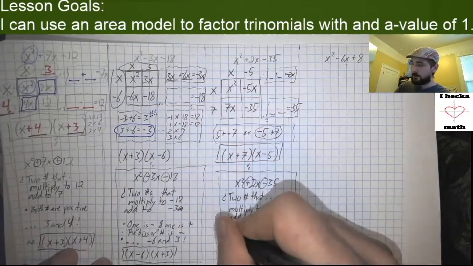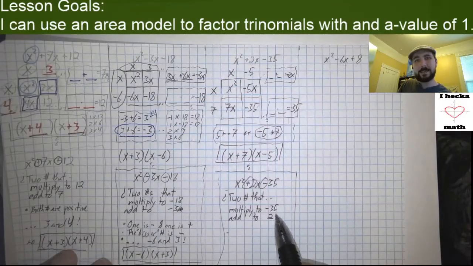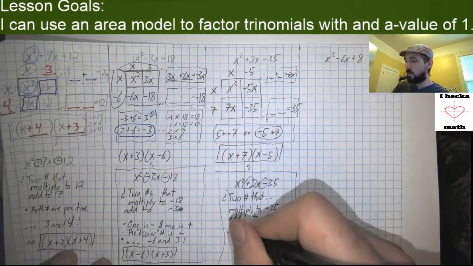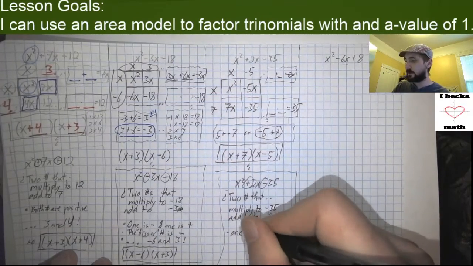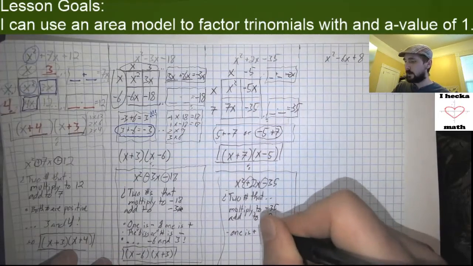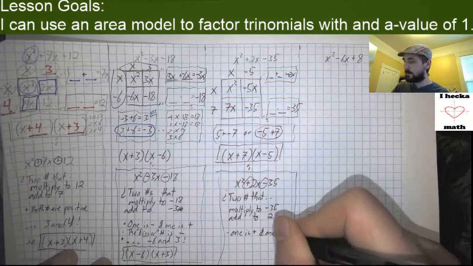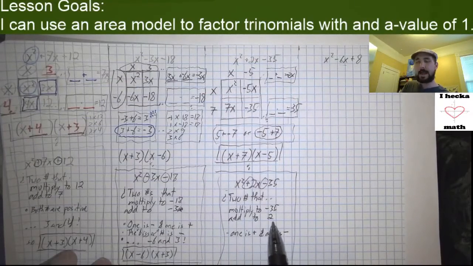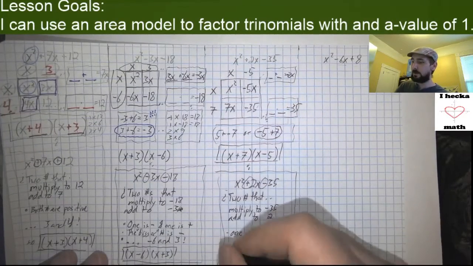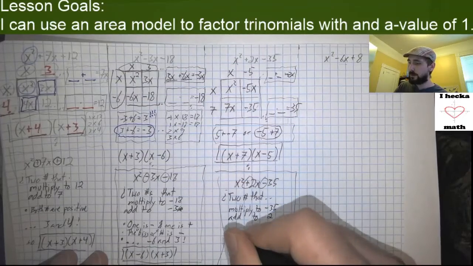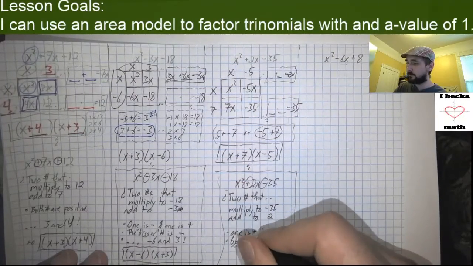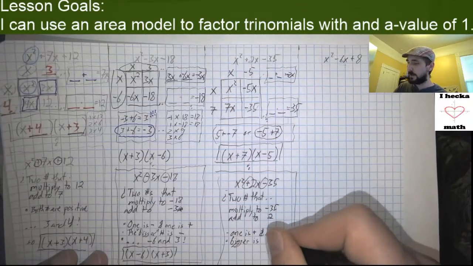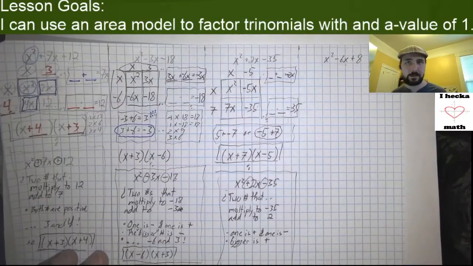And we think to ourselves, well, since they had to multiply to negative 35, we know that one of the numbers is positive, but one is negative. And since they have to add to a positive 2 this time, we know that the bigger one is the positive one.